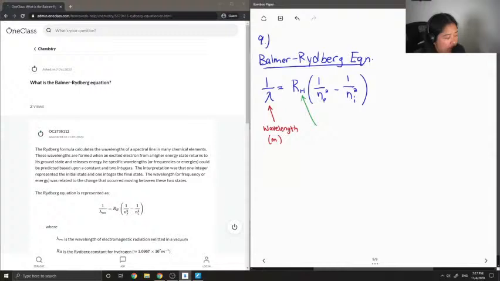Okay, so like I mentioned earlier, this R is the Rydberg constant. And it is 1.097 times 10 to the 7 inverse meters.